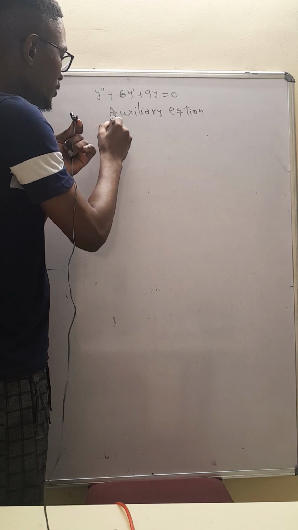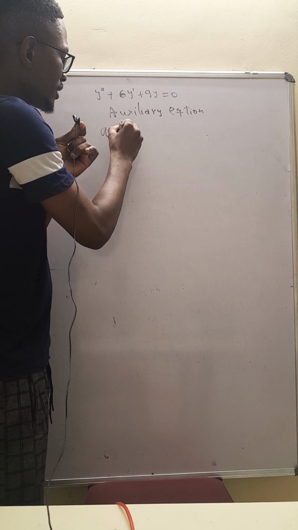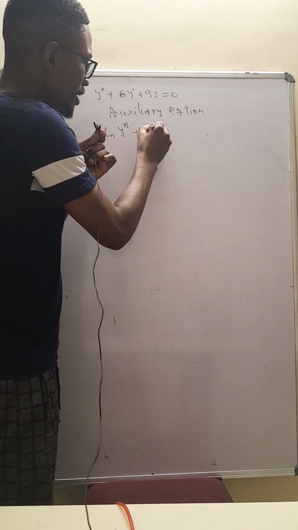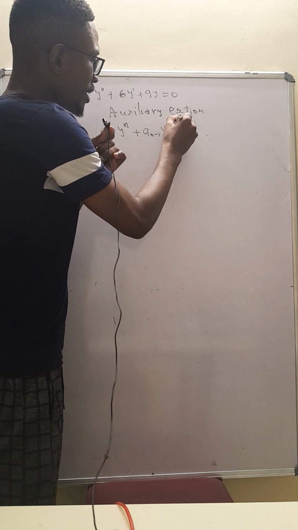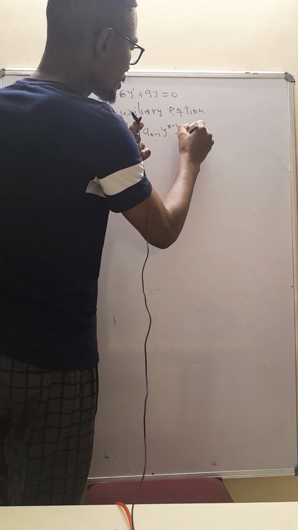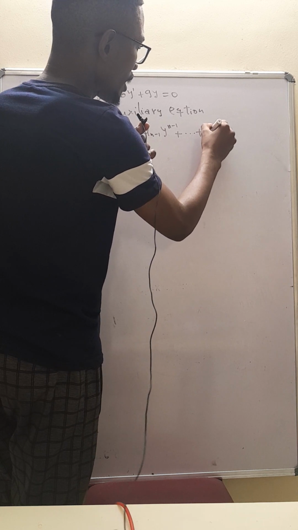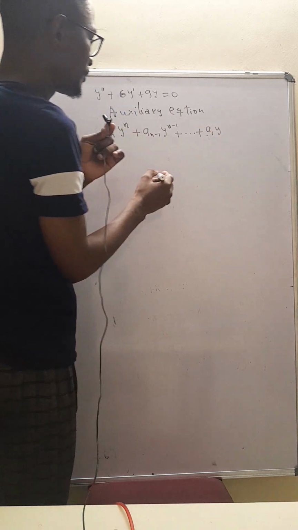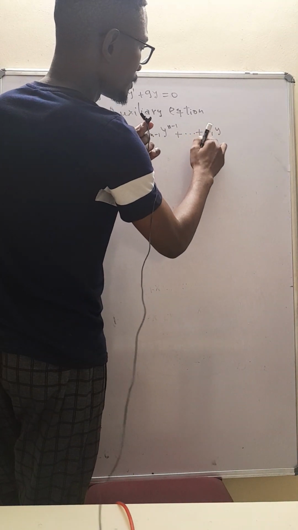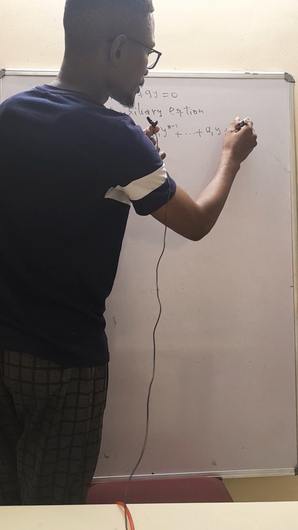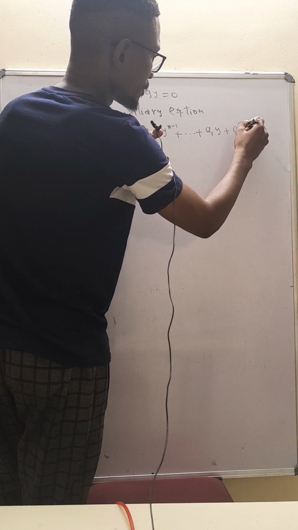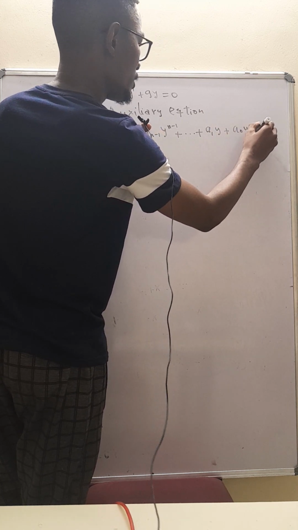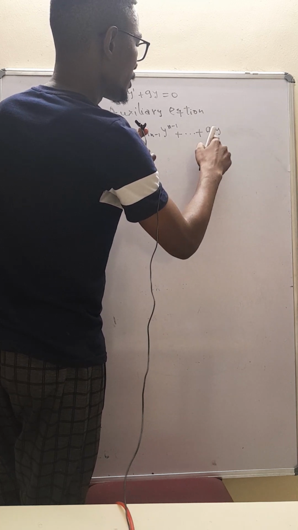Let me write the general term: y raised to n, plus a(n minus 1) y raised to n minus 1, and so on, plus a1 y raised to 1, plus a0 y, equal to 0.